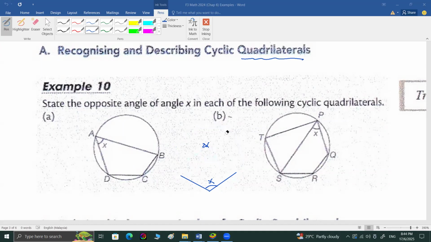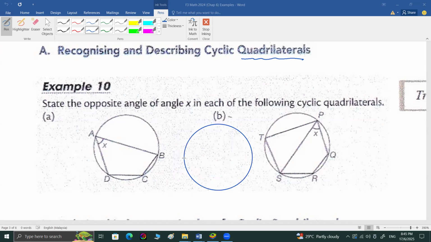Right now, how do you know the difference? All the 4 vertices must touch the circumference. The formula is what, you know? The formula is, you will make 180. Okay, sorry, I redraw this to show you the formula, class.